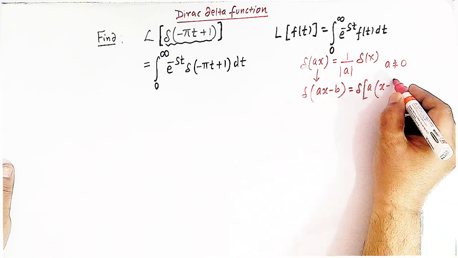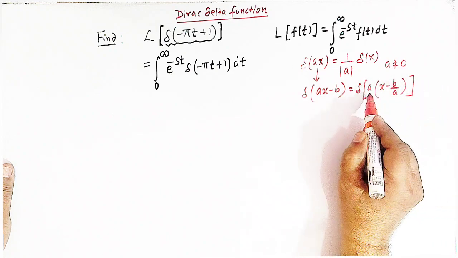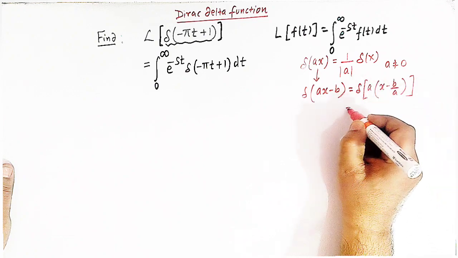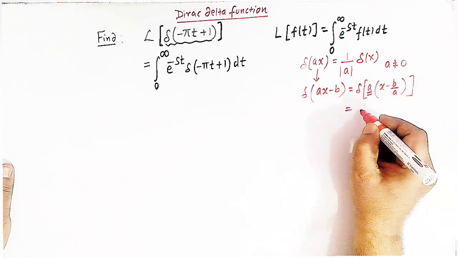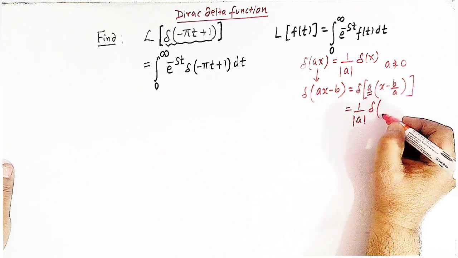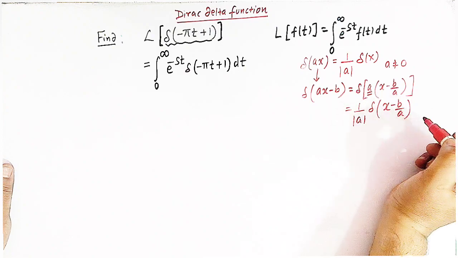Applying the property, we have 1 over absolute value of a and delta of x minus b over a.